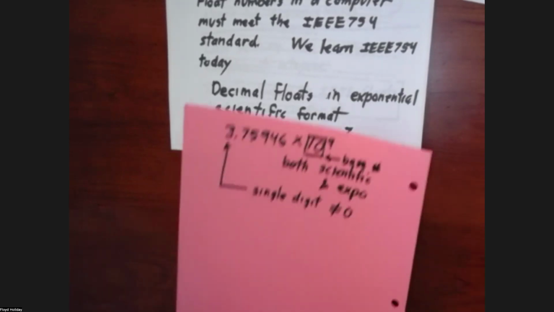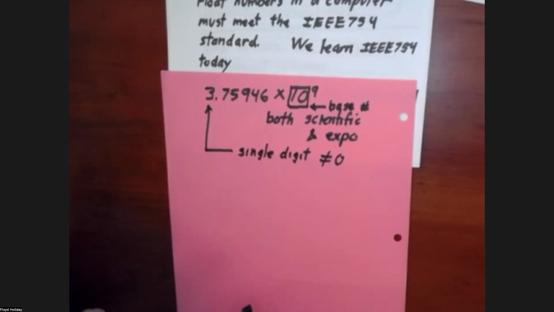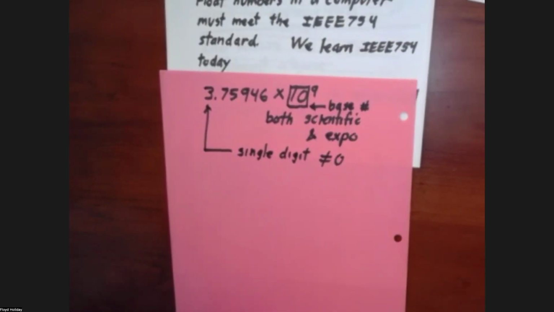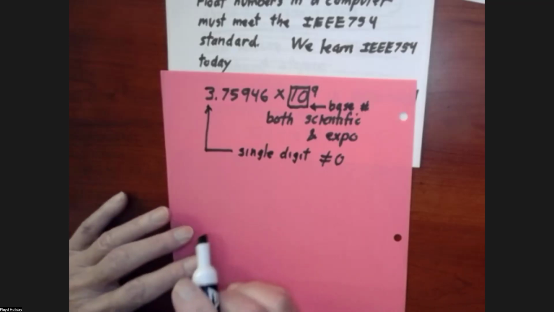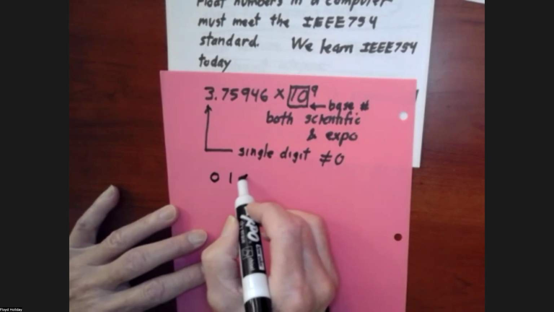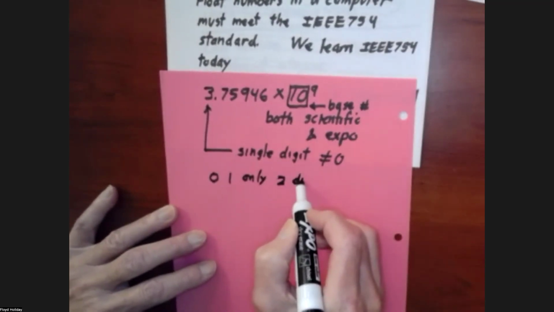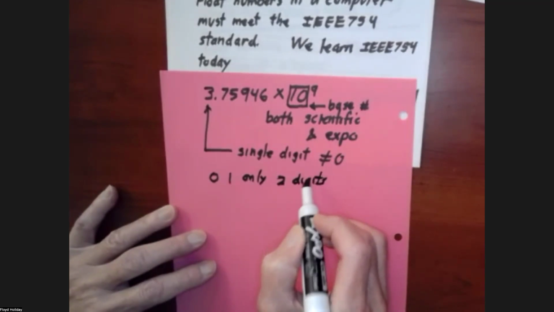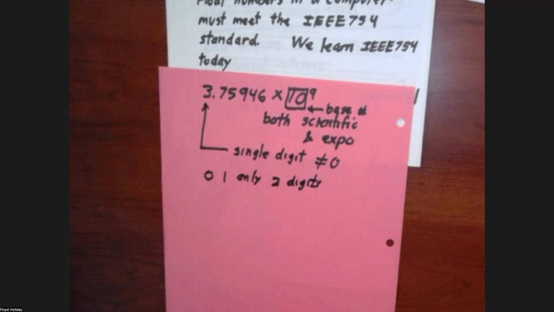Our goal is to get a float number represented in binary digits, scientific exponential form. Scientific exponential binary float number. In binary, there's only 2 digits. And the rule is that the digit on the left side of the dot cannot be 0.